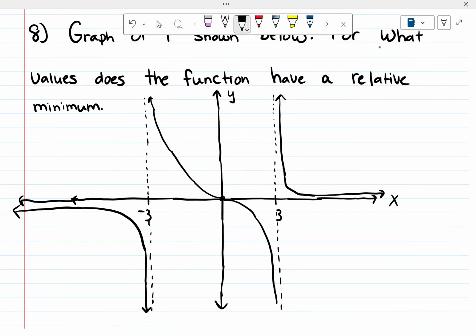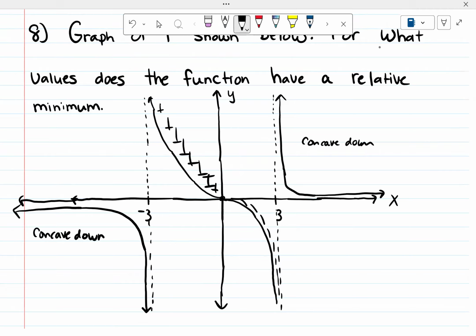So let's look at the right side of this graph. This is concave down, and then over here, right in the middle part, this is going positive, and then over here, this is going minus, right? And then this is concave down. So I remember the sign chart.